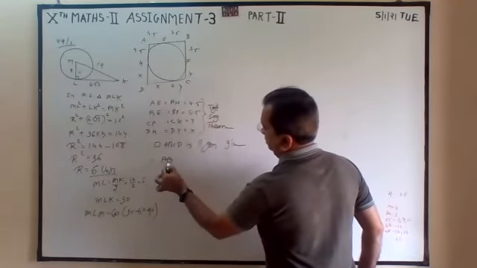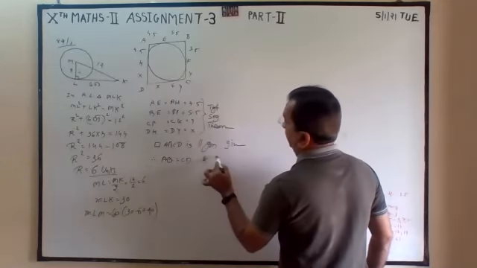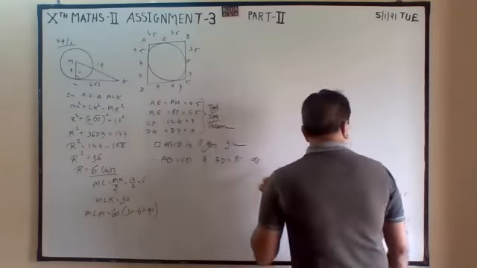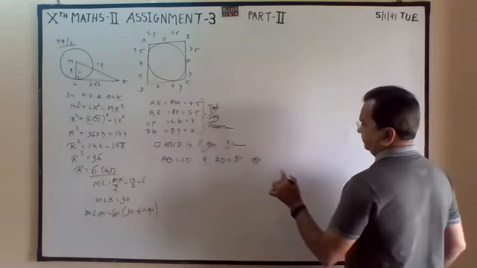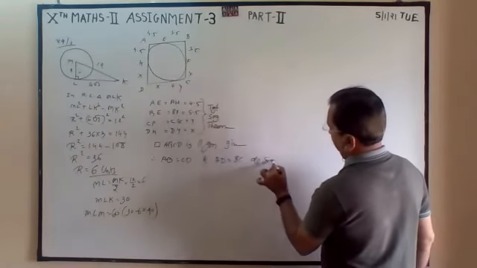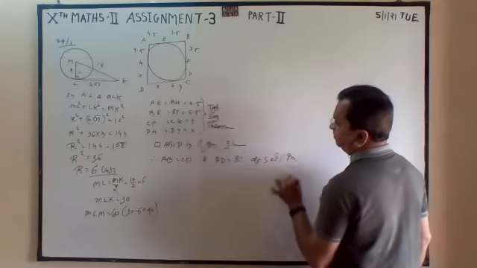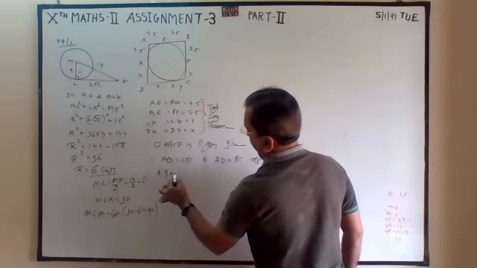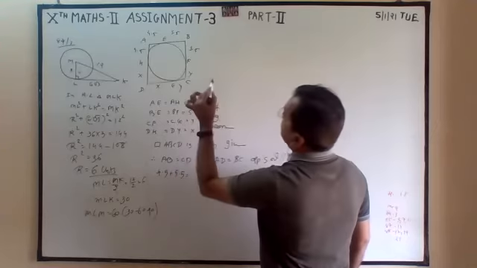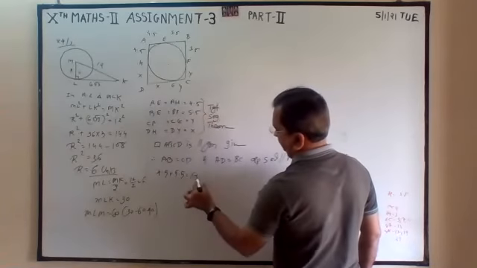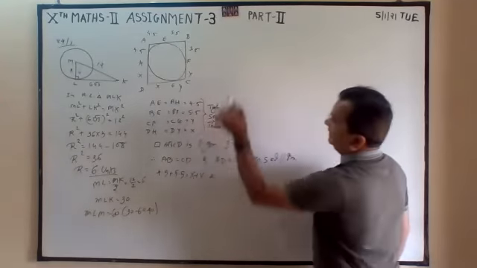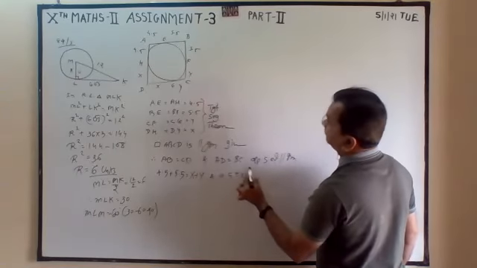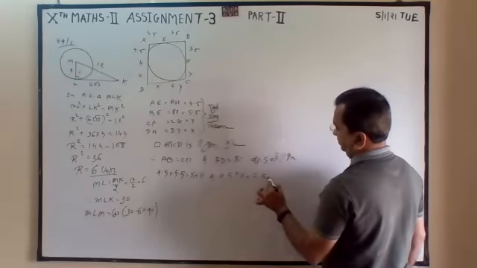Therefore AB is equal to CD and AD is equal to BC. Opposite sides of a parallelogram. Now AB is 4.5 plus 5.5, CD is X plus Y. AD is 4.5 plus X, BC is 5.5 plus Y.